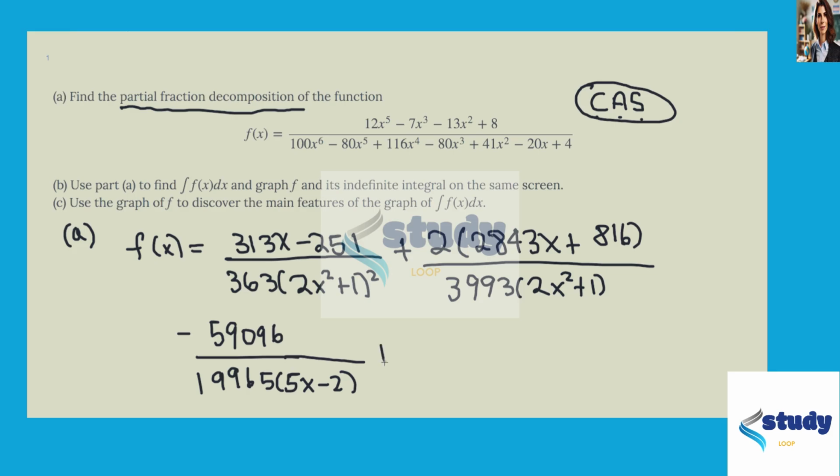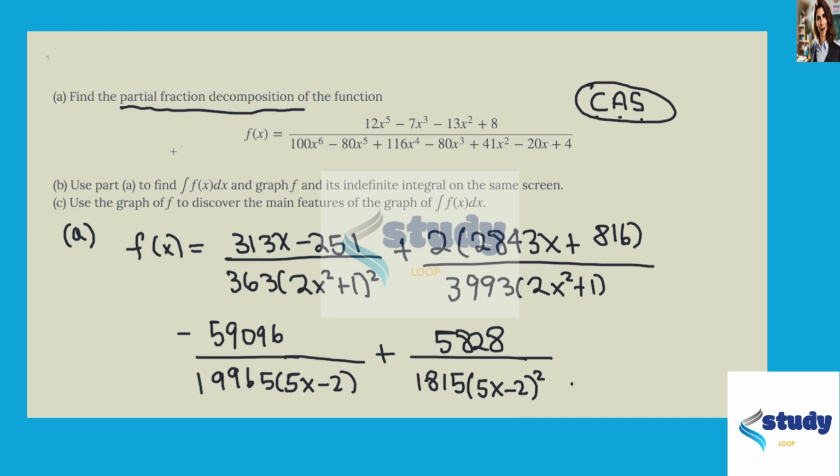And then finally, the last term. So that's the partial fraction decomposition given by Wolfram.